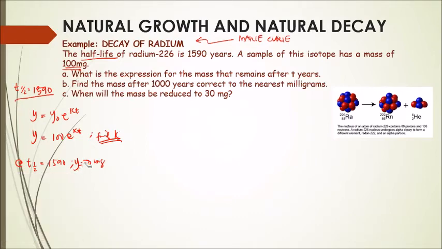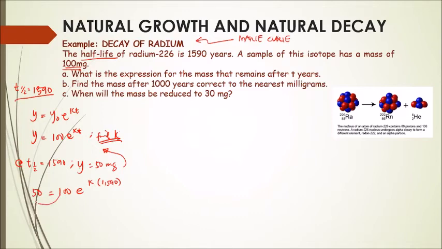It is the new amount. It is smaller because it is decaying. Now our new amount is y equal to 50 milligrams. So we can substitute these values into this equation to find k. Now this becomes 50 equal to 100 e to the k times the half-life time, 1,590.